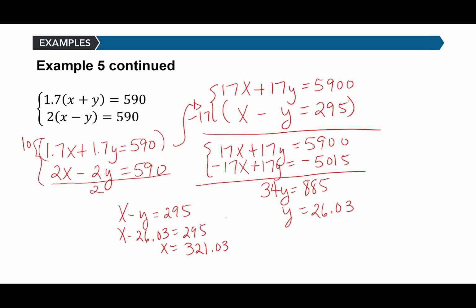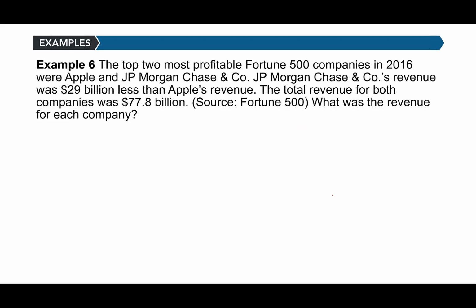So the plane speed would be 321.03 miles per hour, and the wind speed would be 26.03 miles per hour.